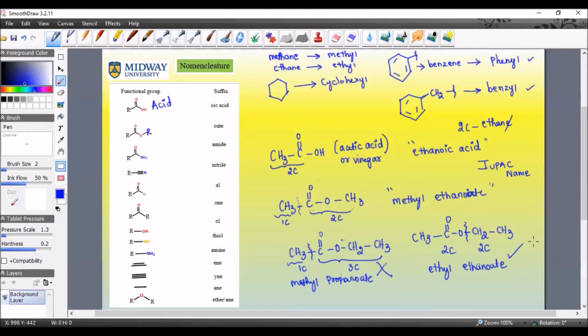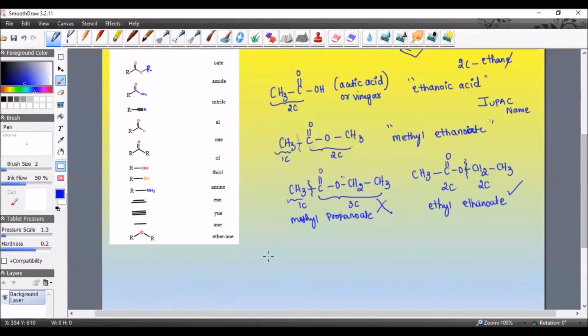If not, just repeat what I said. Maybe I'll do one more. Let's take this. Instead of a methyl group or ethyl group this time, let's add maybe a butyl group. Now, if you split on this side, we get 1 carbon.